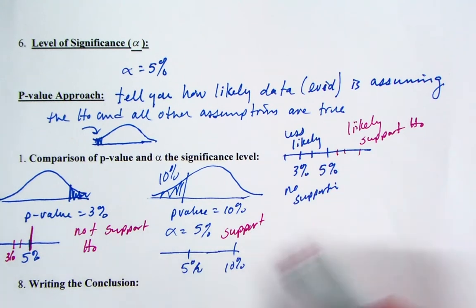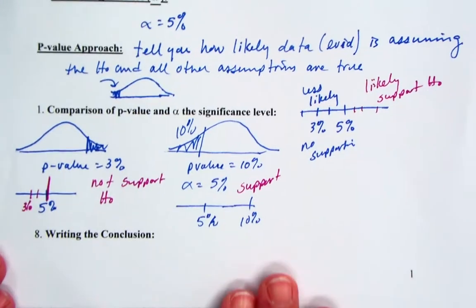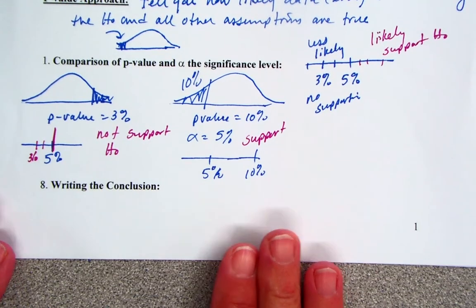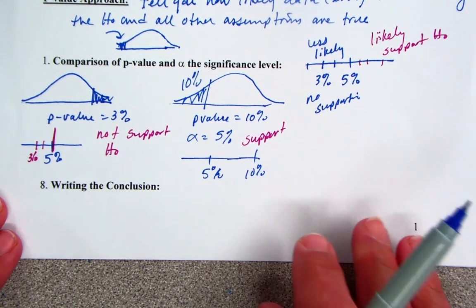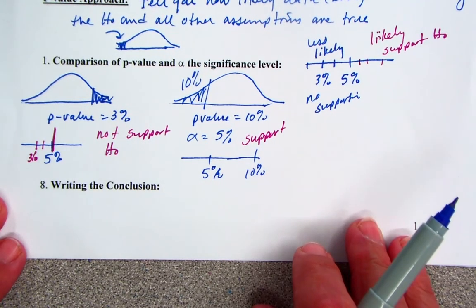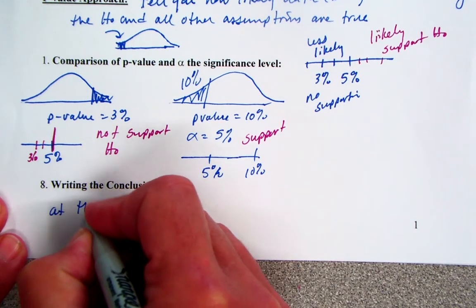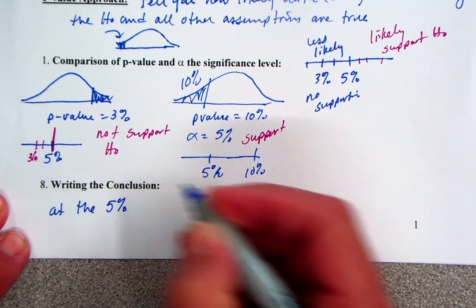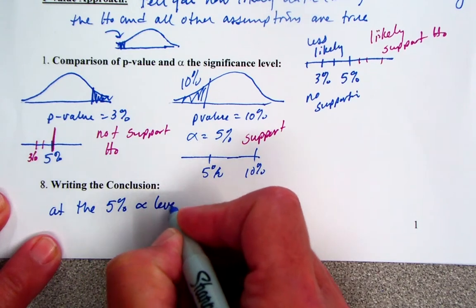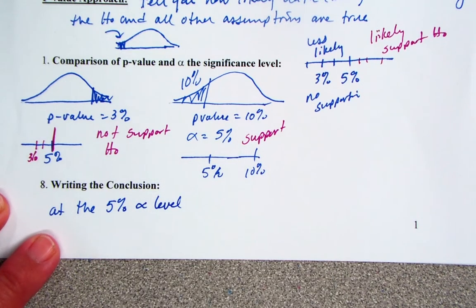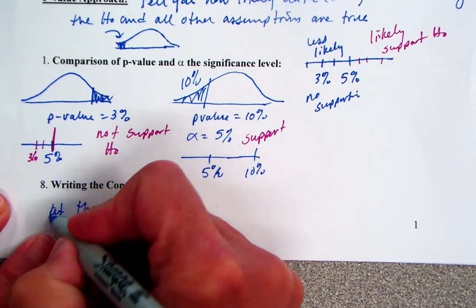So once I've made this decision mathematically, we have to write it up. Okay, and we'll be doing a lot of this. So we're just going to kind of get like this little template that we can use. So essentially what we're going to say, at the 5% alpha level, we need to state what level we're comparing the p-value at. I should probably capitalize that.